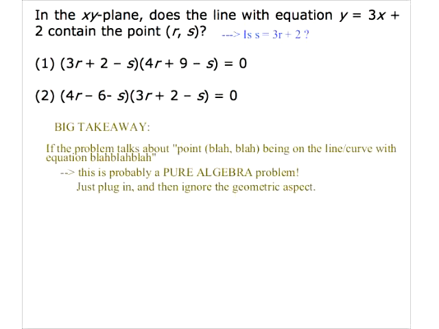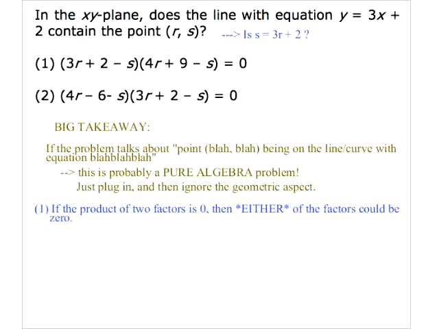Statement 1 means either, and this is a big takeaway if you didn't get this right, if the product of two factors is 0, then either, not both, of the factors could be 0.